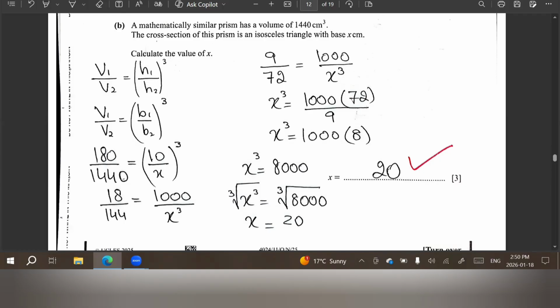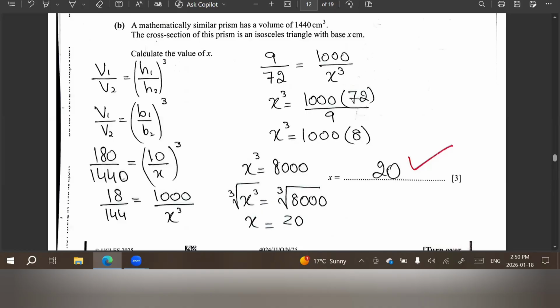This 0 will be cancelled, and then you can cancel with the table of 2. So 9 by 72 is equal to 1000 divided by x cube. X cube will be equal to 1000 multiplied by 72 divided by 9. So x cube will be equal to 1000 multiplied by 8, which is 8000. I want to find out the value of x, so I will take the cube root on both sides.